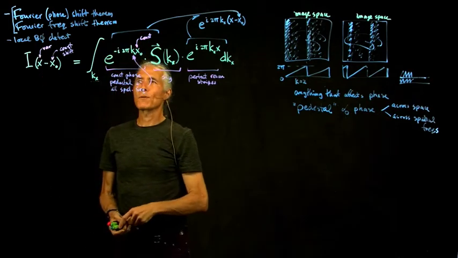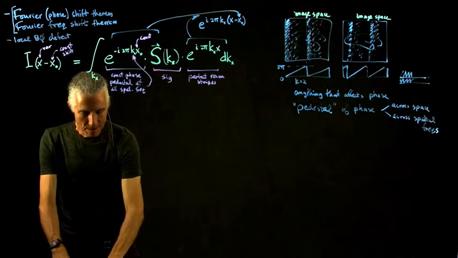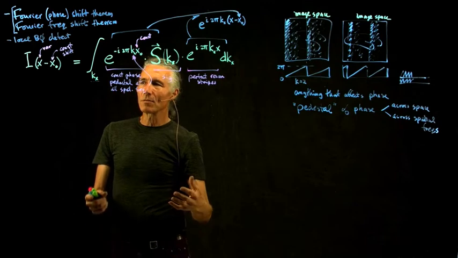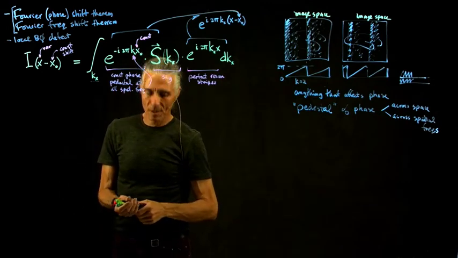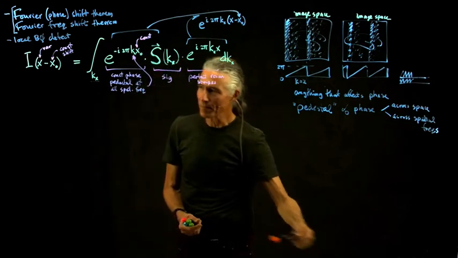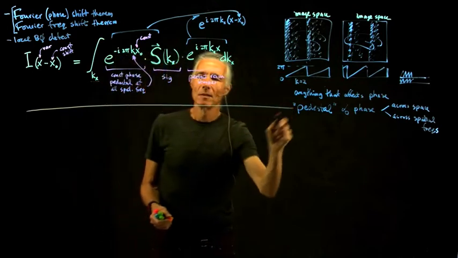So that's the Fourier phase shift theorem, and this is what causes a B0 defect to cause a spatial shift in the image.